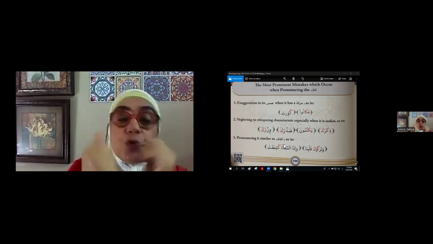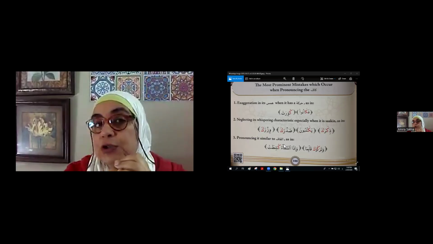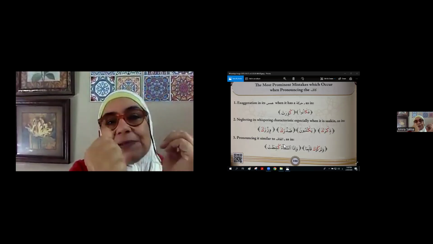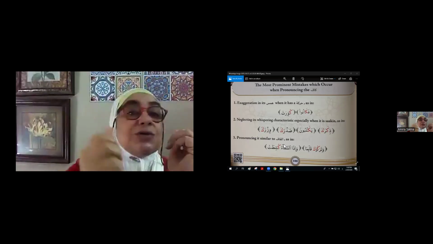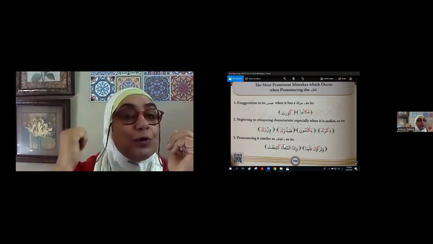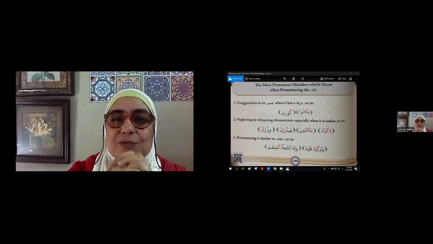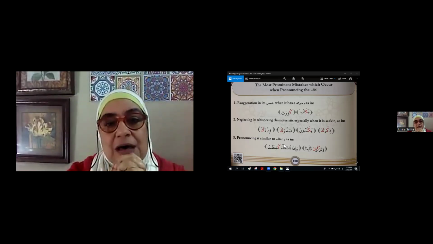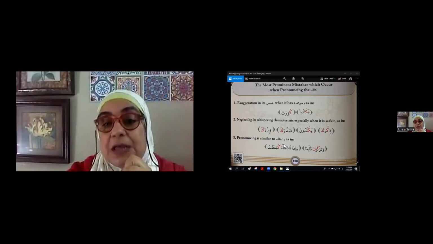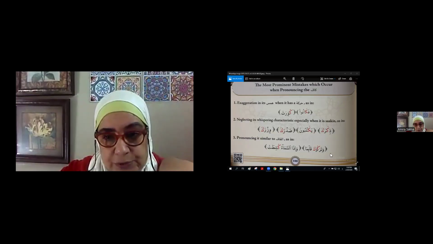So if you move the articulation point of kaf a little bit backward, you are moving to the articulation point of qaf. So you will have a hint of qaf, or the sound will be similar to the qaf, and this is not correct. Here, I'm going to pronounce it properly.